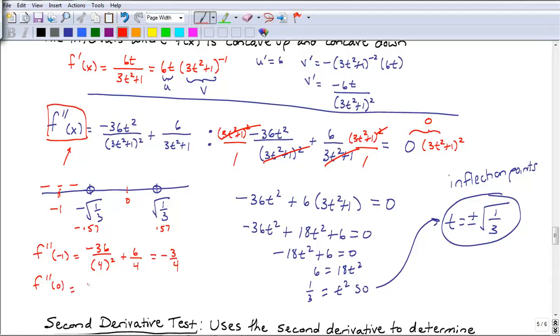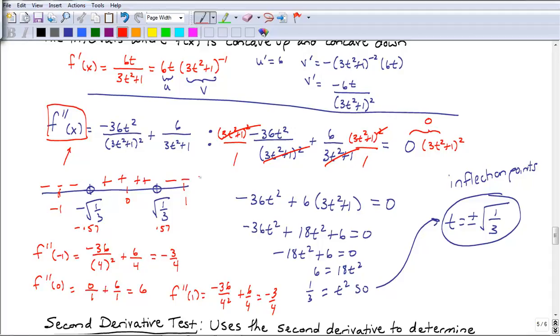That gives me 0 over 1 plus 6 over 1, which is 6, which is positive, the second derivative. And I can plug in the number 1. When I plug in 1 into the second derivative, I get negative 36 over 4 squared plus 6 over 4, which is negative 3/4. So I get a negative number when I plug in 1.